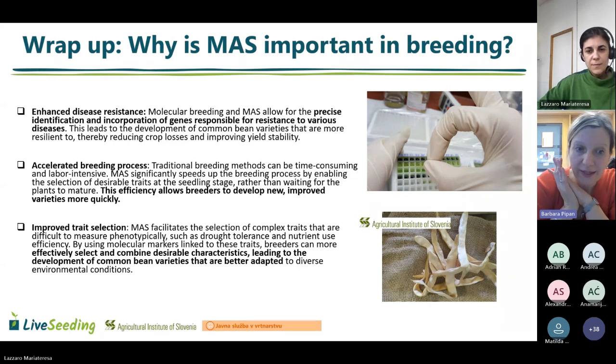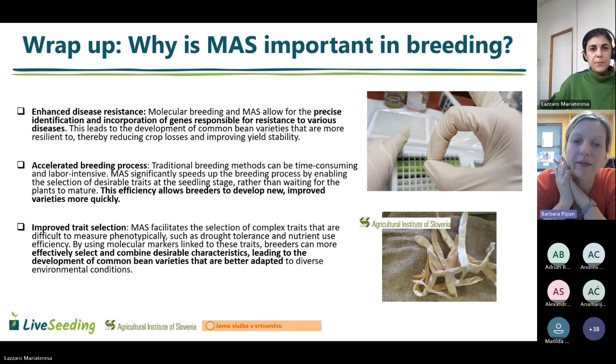And improved trait selection. Marker-assisted selection facilitates the selection of complex traits that are difficult to measure phenotypically, such as drought tolerance and nutrient use efficiency. And it was also mentioned today. By using molecular markers linked to these traits, breeders can more effectively select and combine the desirable characteristics, leading to the development of common bean varieties that are better adapted to diverse environmental conditions.